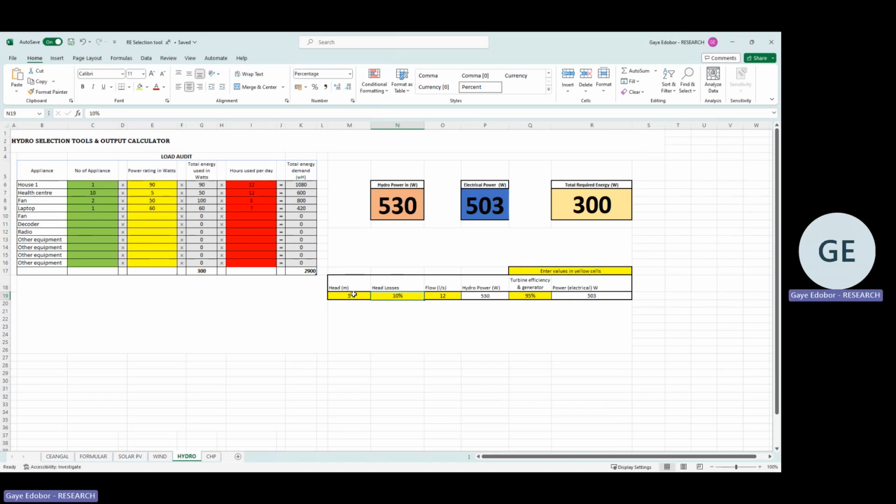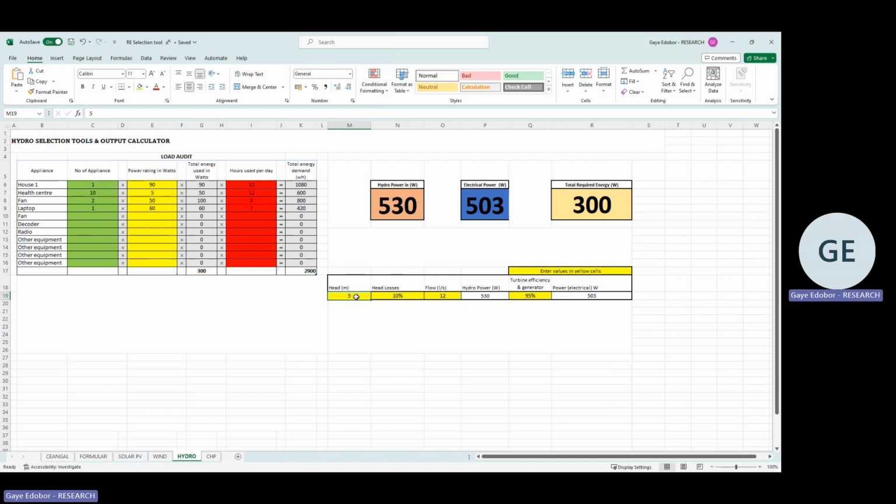Why the water head? This is where you have an advantage if you have a higher water head. Water head is the fall of the water, so between the normal flow level and when you construct your dam, or a mini dam in this case, that part where the water falls down on the blade of the turbine, right?